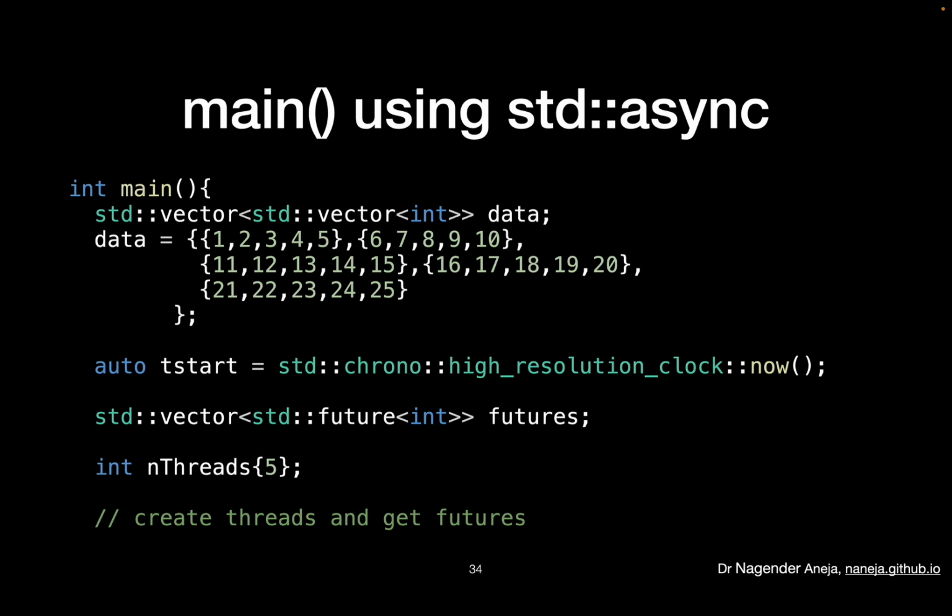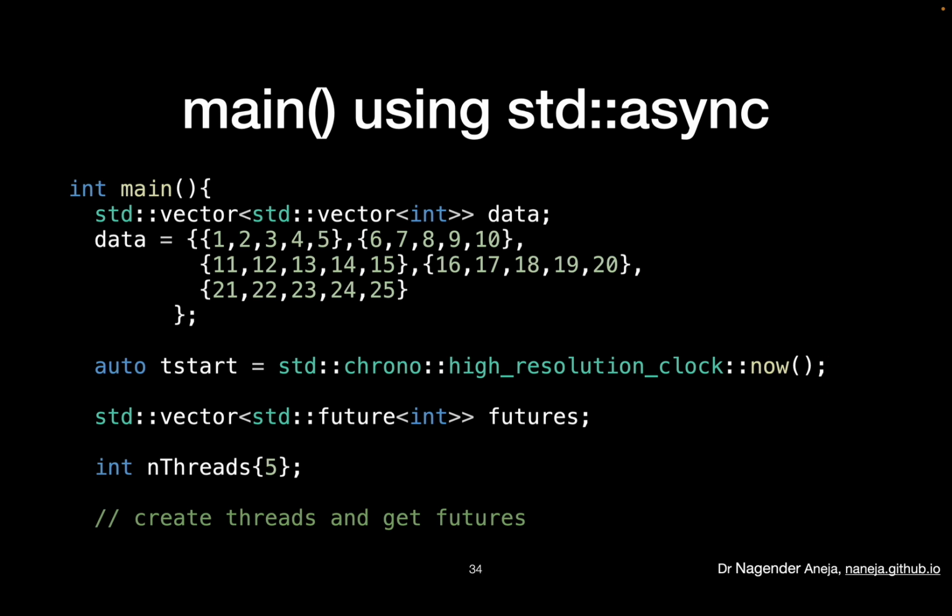Okay, so now we are using std::async in main. In main we have this data, a vector of integers. There are five data sets, and we started the time here. That's t_start, which is the std::chrono high resolution clock. And this is a std::vector of futures. We still need a vector of futures.